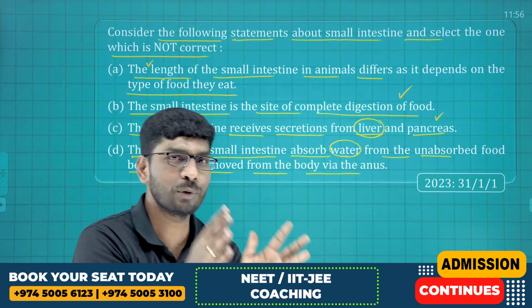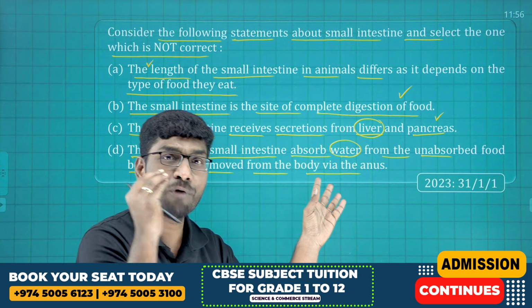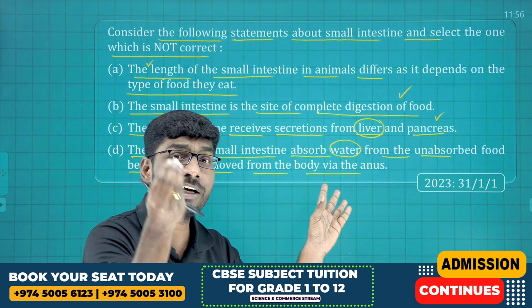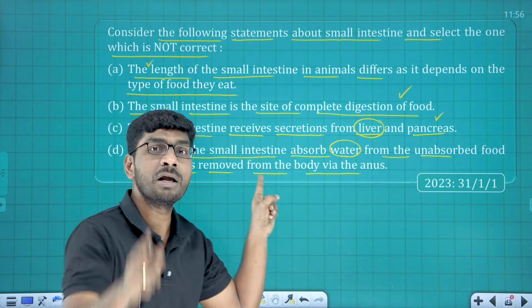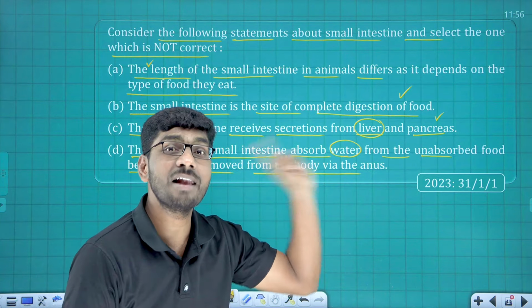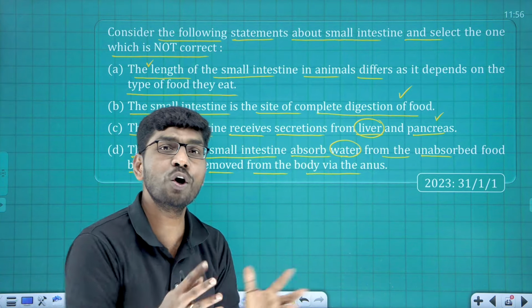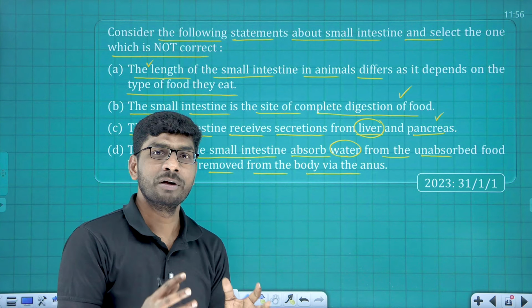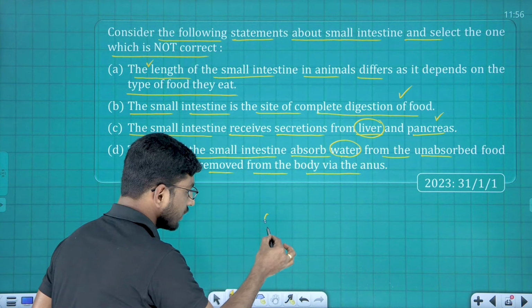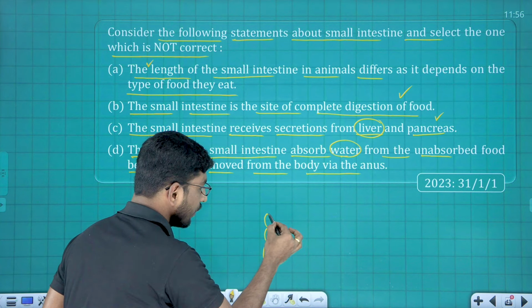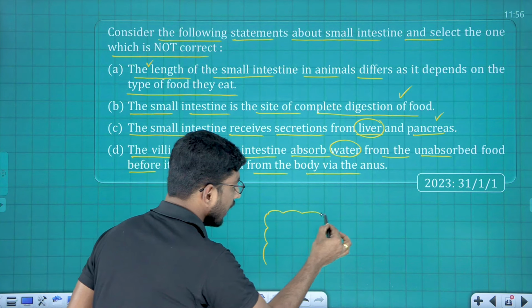Tell me, water undergoes reabsorption from the undigested food in where? Not in the small intestine, in the large intestine. Colon. In the colon, the large intestine. If I draw the diagram, look here, all of you, this is the large intestine.